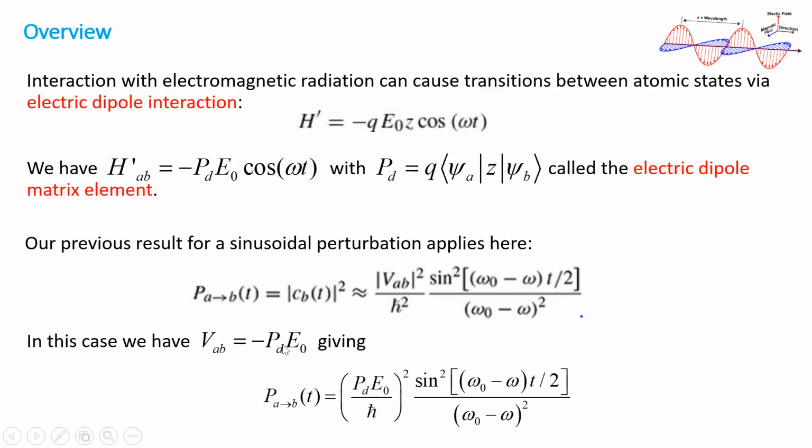So inserting that into this equation, we have PA to B, the probability of going from the lower to the upper energy state at time t, would be plugging in minus PDE naught for VAB and squaring it. We get PDE naught over H bar quantity squared times this sine squared over omega minus omega naught squared term. Okay. So that's our expression.